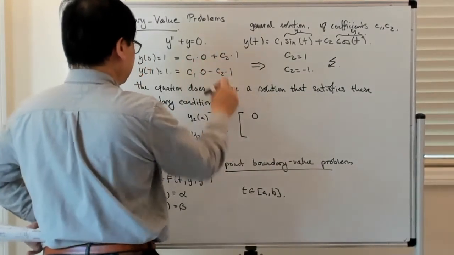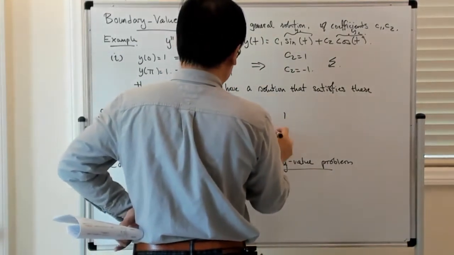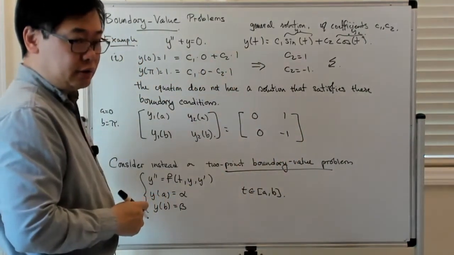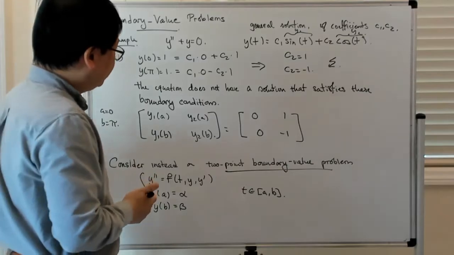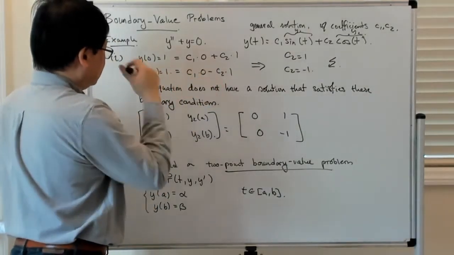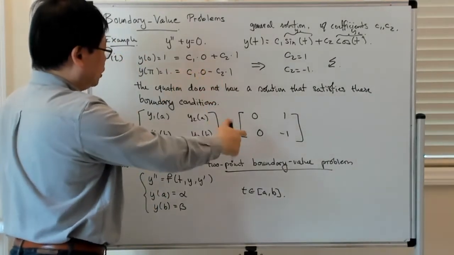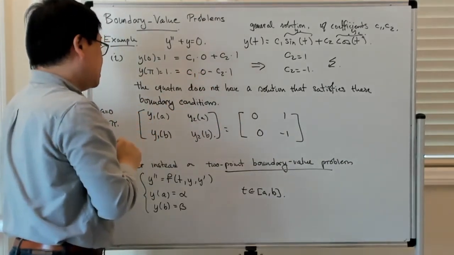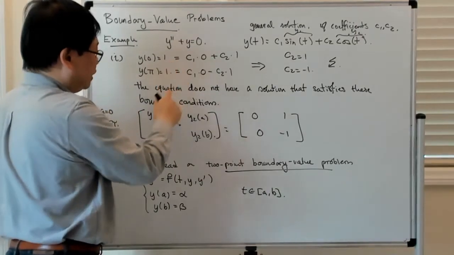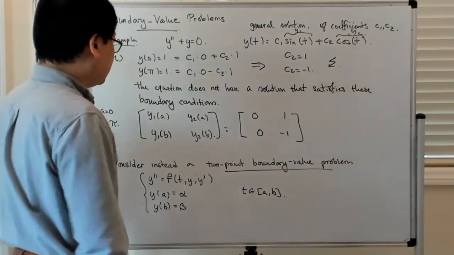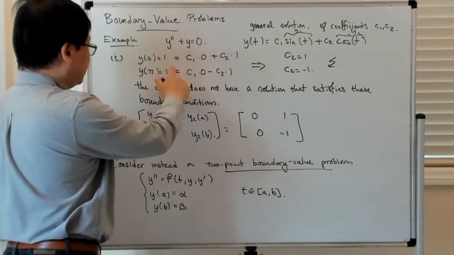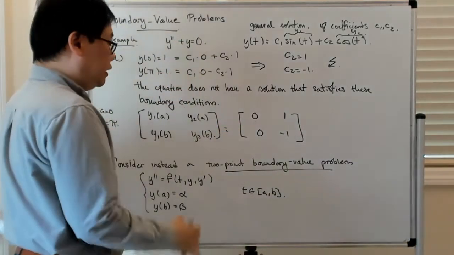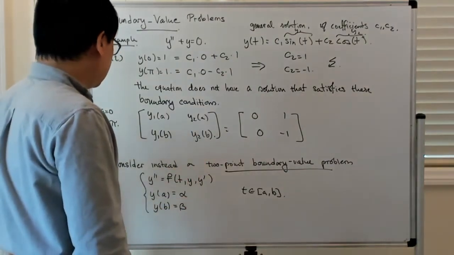So these are the coefficients, 0, 1, 0, minus 1. You can check that that has determinant 0, so that system is not invertible. So the bottom line is that in general you may not be able to solve that system of equations. You sometimes can solve it if the data at 0 and pi is somehow in the image of this operator, but in general this is not solvable.